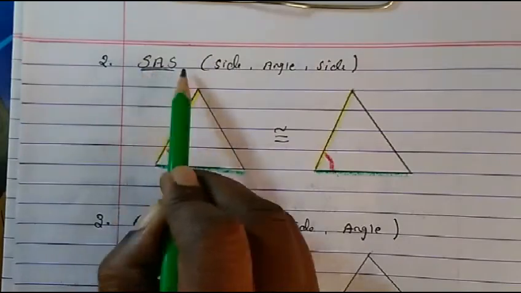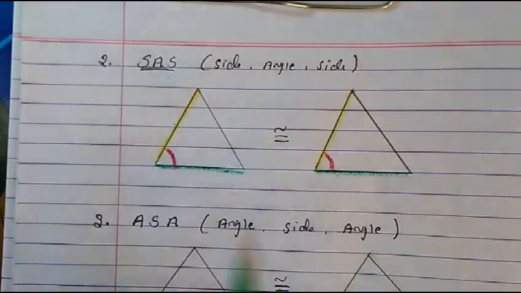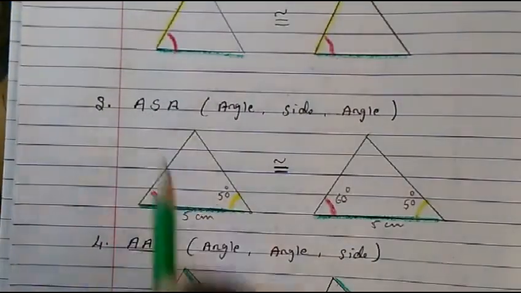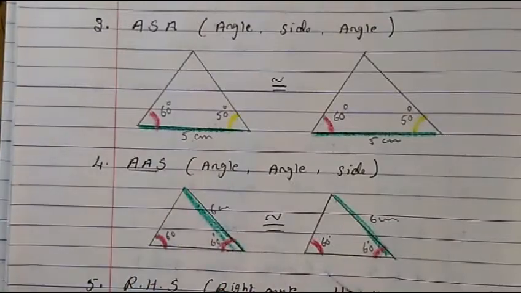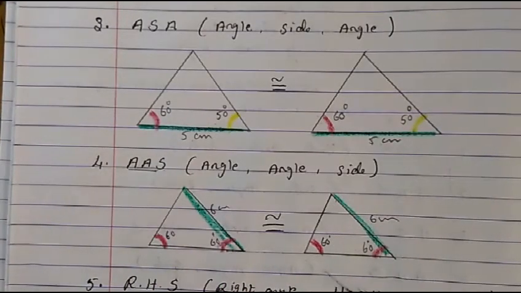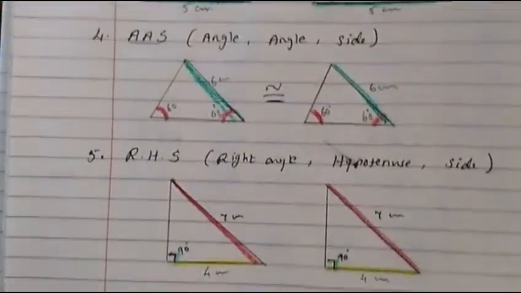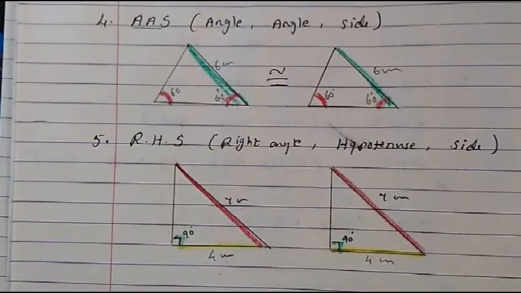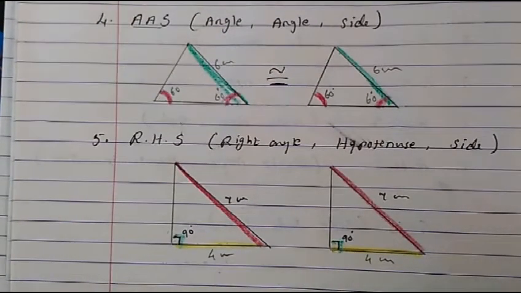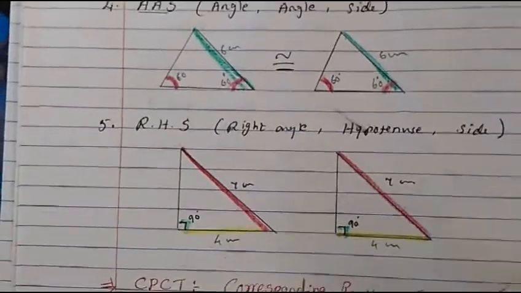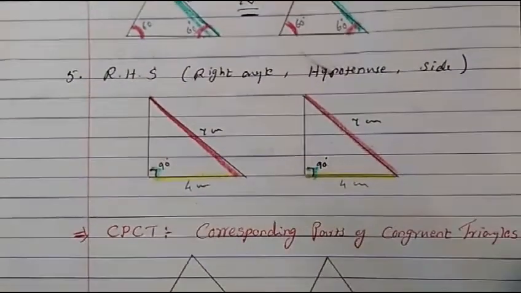If you remember like this, you will not get confused. Then the fifth one is RHS. So these 5 criteria you have to remember to find whether two triangles are congruent.